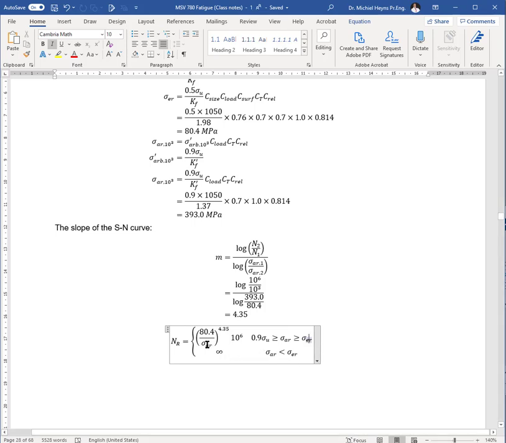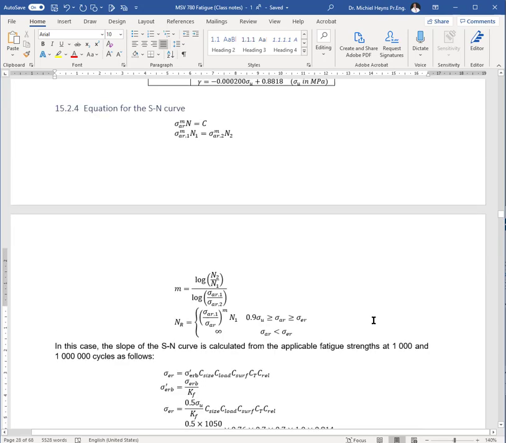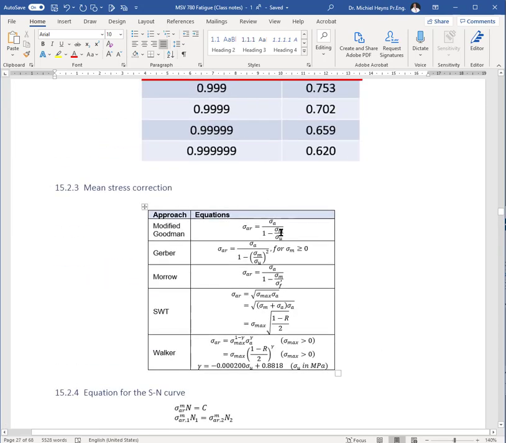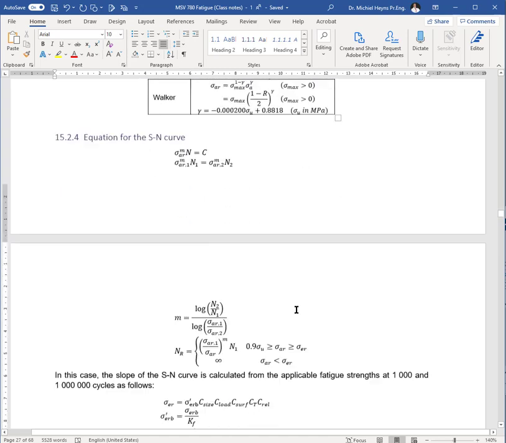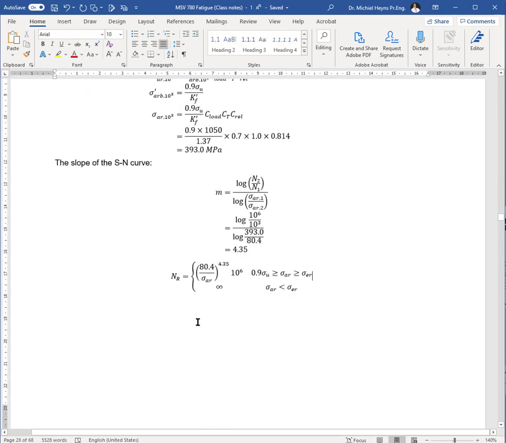Any stress amplitude below the endurance limit will give us infinite life. And that's the SN curve that we're going to use with the completely reversed stress amplitude that we calculate with the modified Goodman equation to calculate the damage on the component.